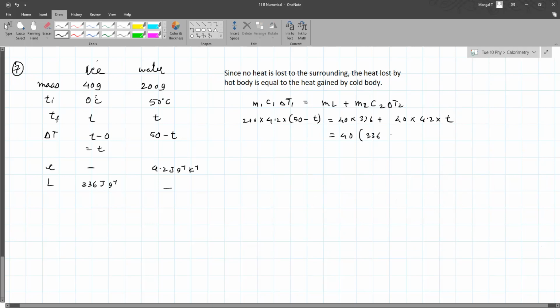To make the calculation easier, you can take 40 out. So this is 336 plus 4.2 T, and this is 200 into 4.2 into 50 minus T. So this can cancel 200, that will be 5. So 5 into 4.2 will give you 21.